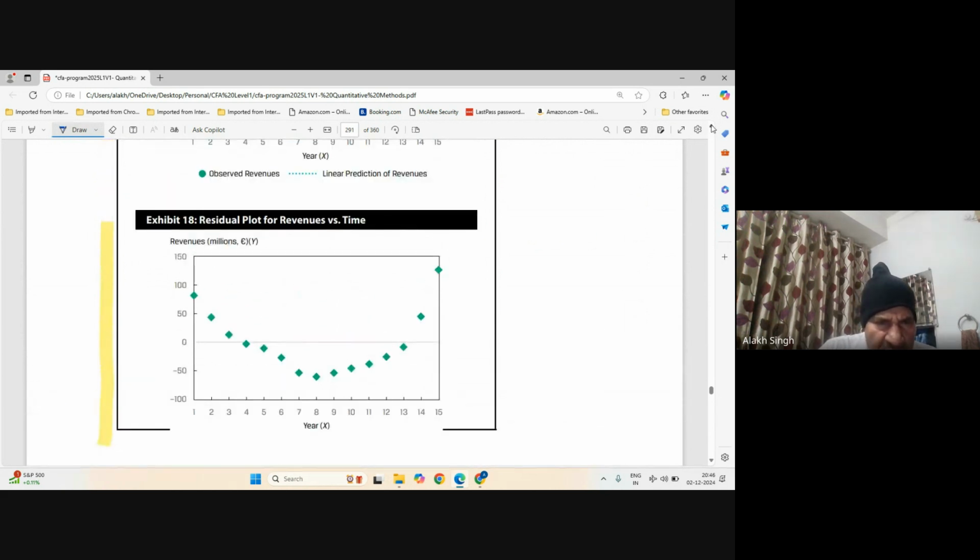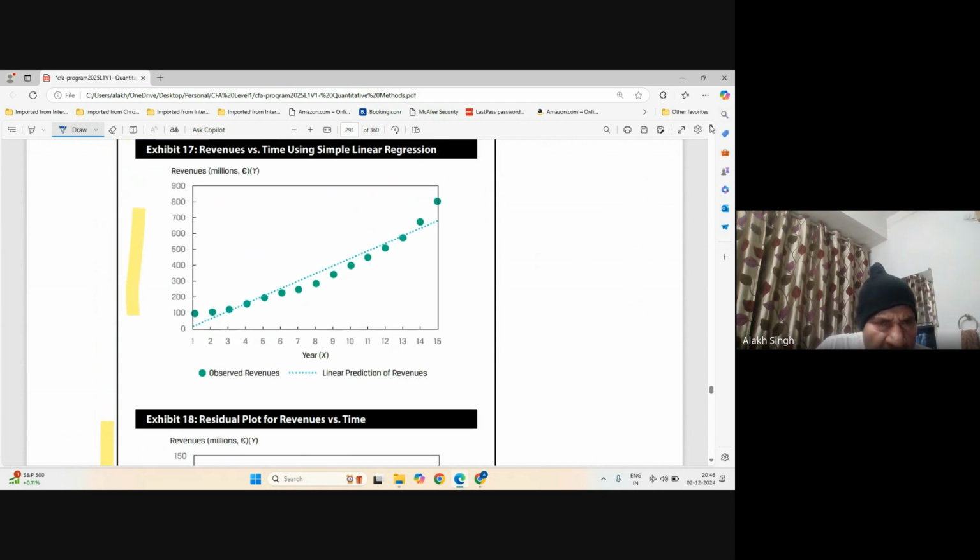So this is the plot of revenue versus time. And what about the plot of error terms? Both are observed values, revenue versus time. Now, let's look. Is the linearity assumption violated here?